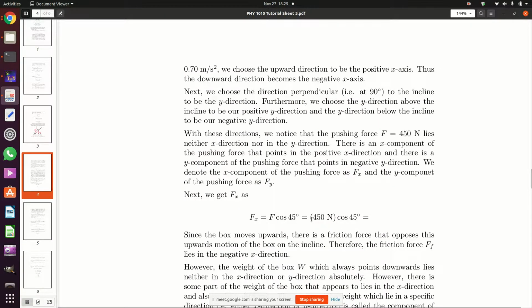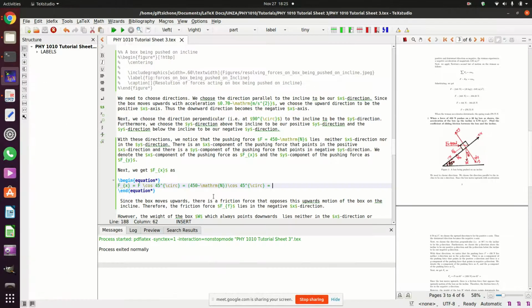How much does this give you? 450 newtons times cos 45 degrees. How much do we get? We get 318.2.